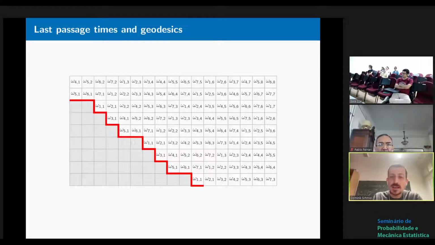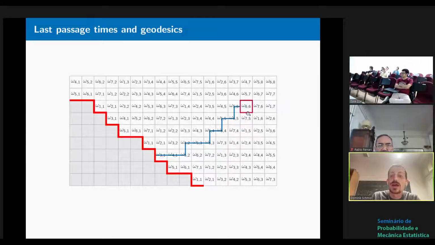So what I mean by this is that for any cell in the grid, so this cell here, I can look at the set of all lattice paths which only make steps to the right and up. So let's say a path like this. Such a path making only steps to the right and only steps up will be called a lattice path.